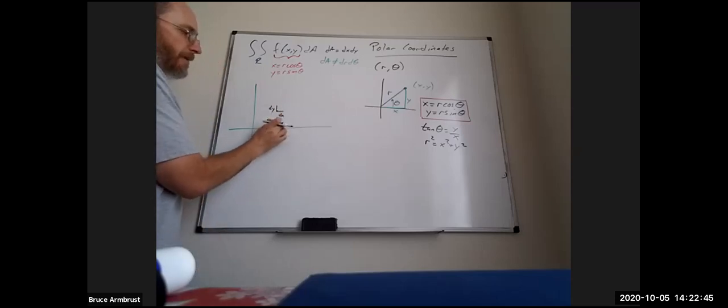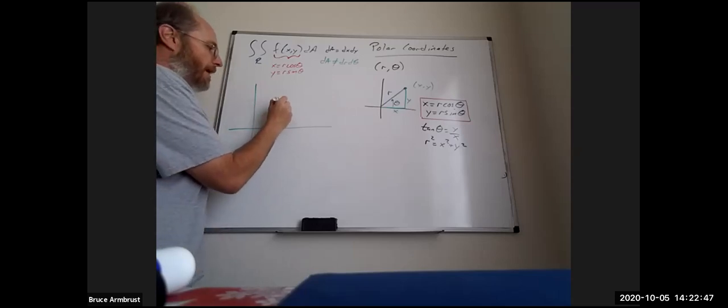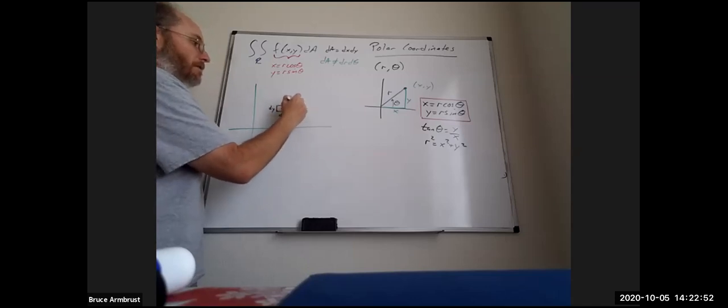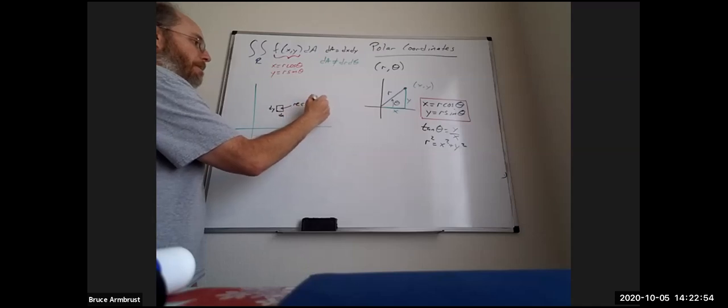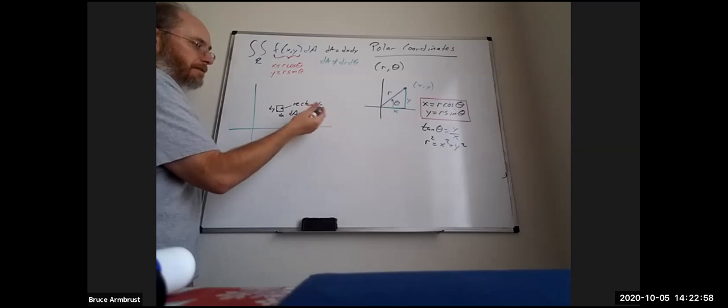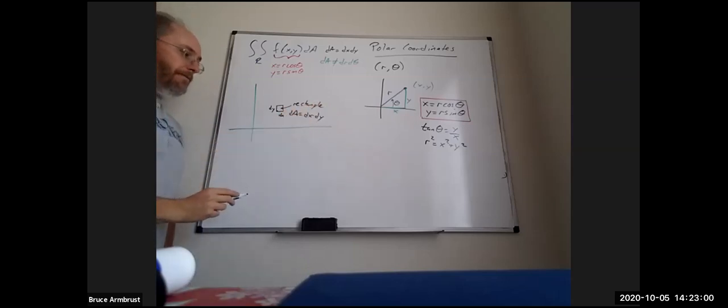So we had a little differential in the x, a little differential in the y, and what that ended up giving us was a rectangle. And its area, dA, was width times height. Okay, so that's where that came from.